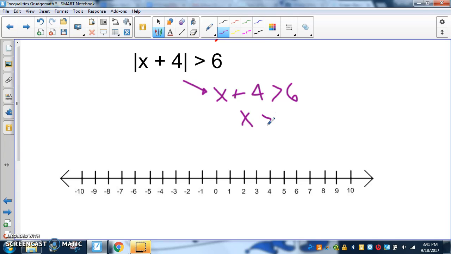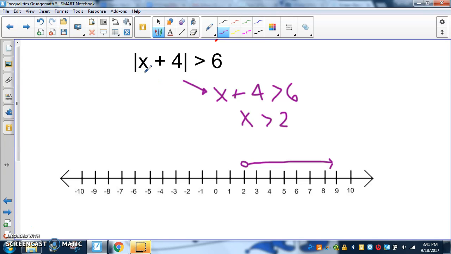I do get x is greater than 2. And that's totally true. Think about it. When you add things to 4, what numbers are going to be greater than 6? Well, anything 2 or above, right? Because 2 gets you to 6. So anything higher than 2 will get you higher than 6. So this totally makes sense. And this is, again, an open circle at 2 going to the right.